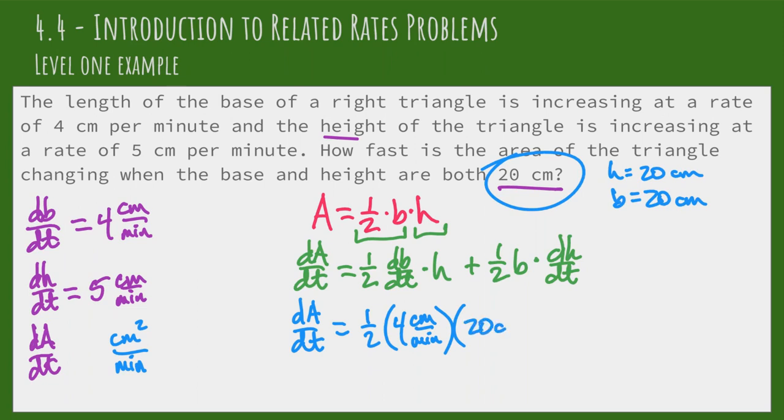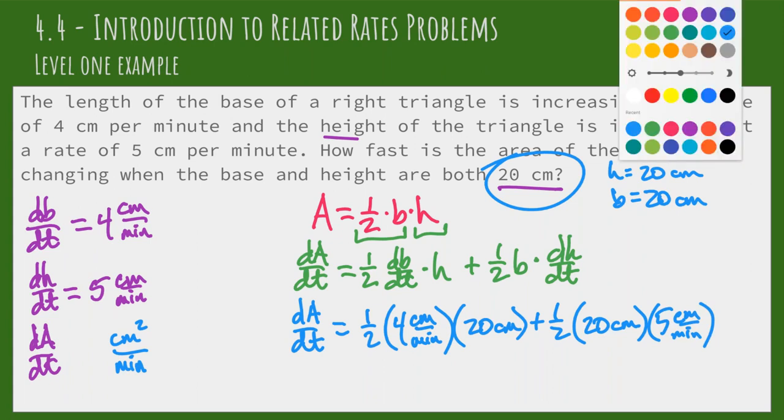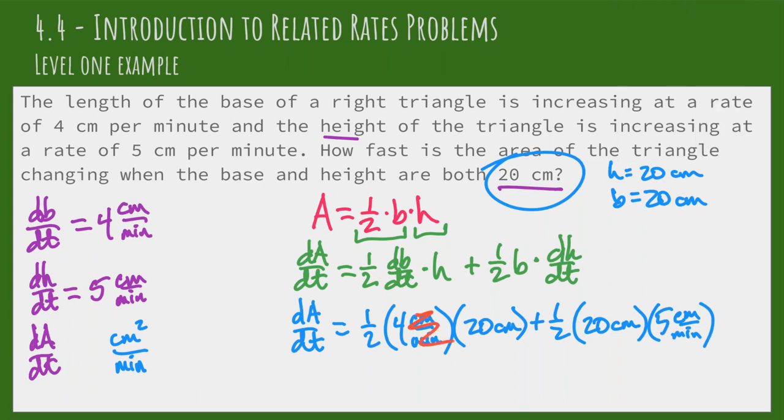So this will be 20 centimeters plus 1/2 base, which is 20 centimeters, times dh/dt, which is going to be 5 centimeters per minute. And really, this is a numerical answer. And if this were a free response question, you could actually just box this. I would say that if you were going to do that, we should take the units out from the middle here and just say that the units are going to be square centimeters per minute.